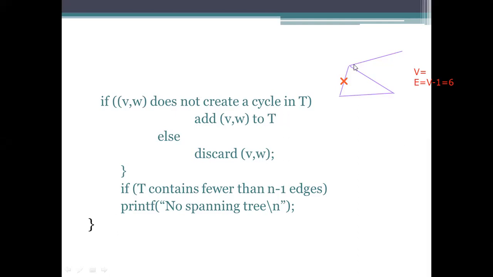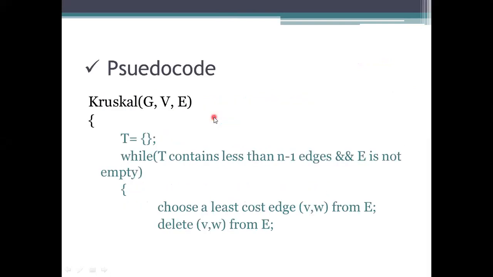The algorithm has to be implemented. So what is the algorithm saying? First we need to take the graph, the vertices and the edges. We need to take the tree which is an empty one, and we need to process our edges, and we need to add the edges to our tree continuously, whether it is satisfying this condition.